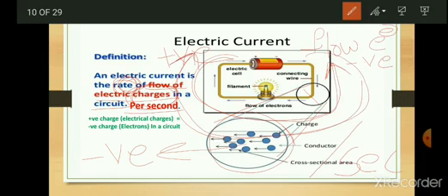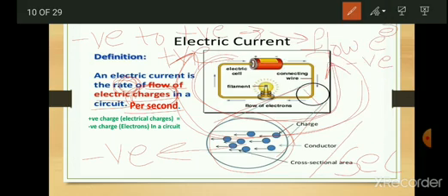Always, students, the conventional flow of current, that is the flow of charge, is exactly opposite to the actual concept of electric current, the flow of electrons. If the flow of electrons takes place from the negative terminal to the positive terminal, this is the flow of electrons.